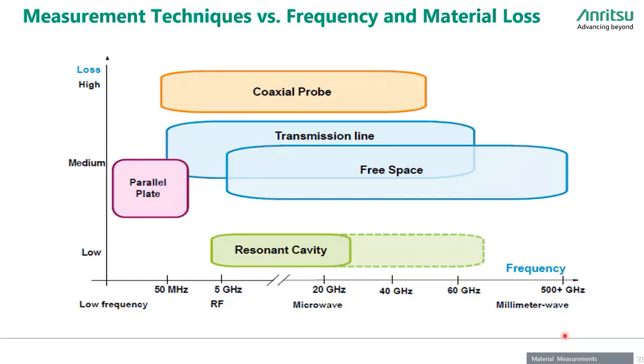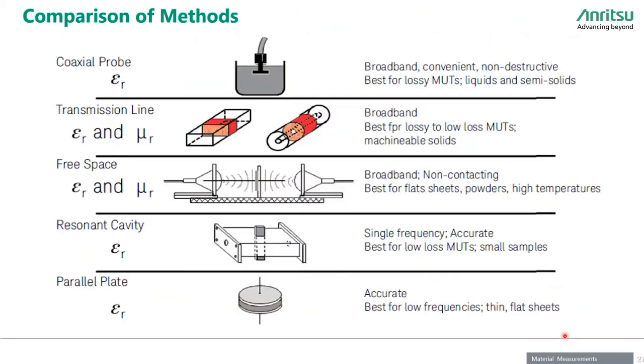So we have cavities for particular bands, particular frequencies where we can do the measurements. Other than that, the parallel plate methods are basically on the lower side, a few megahertz, 100 megahertz. However, coaxial transmission and free space are broadband in nature. Now, this is a comparison of the different techniques learned so far.